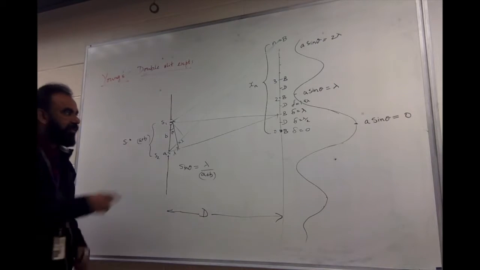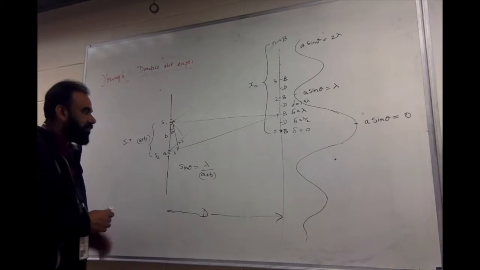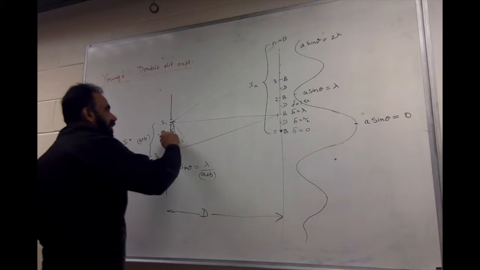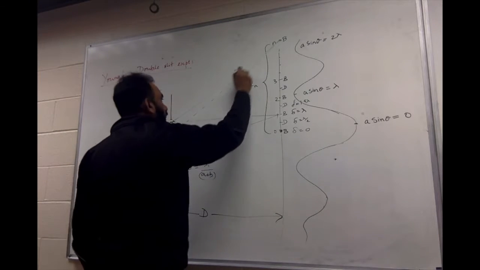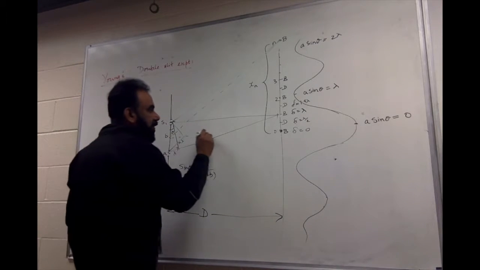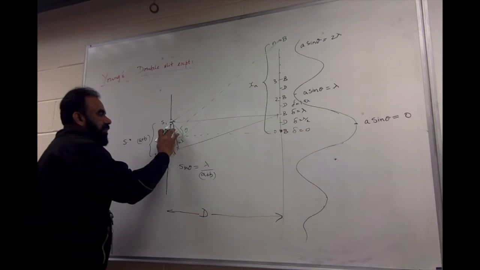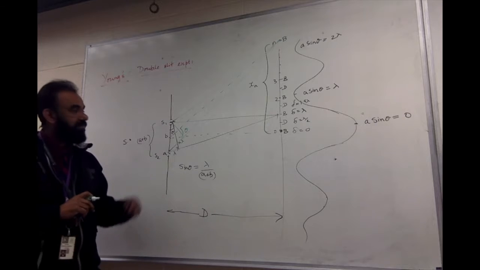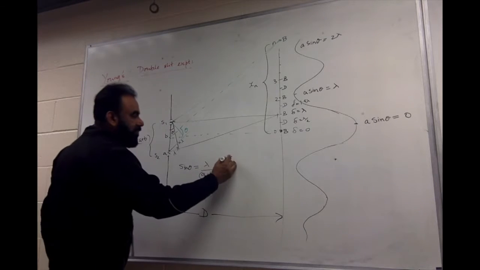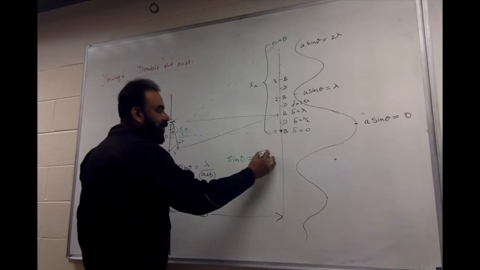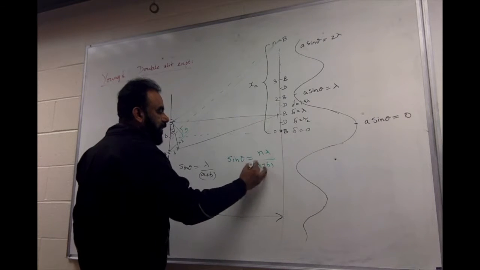So for the green triangles, now if I draw a line from the center here to give you an idea of the angle, this angle is theta for the green. So what is sine theta? Sine theta is equal to n lambda over a plus b.